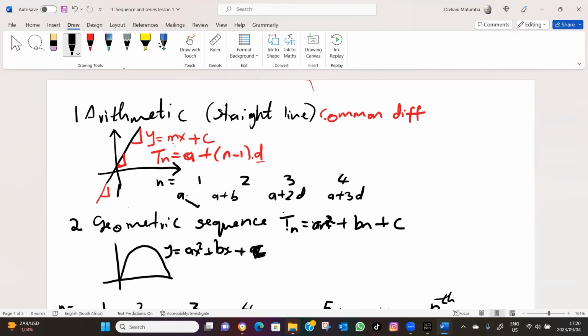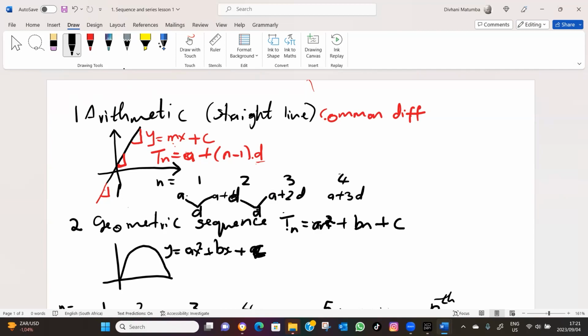If we try to find the difference between these two terms, a plus d minus a, sorry, it's not b, it's d. A plus d minus a gives d. A plus 2d minus a plus d gives you d, because this is 2 minus 1, which is 1d.